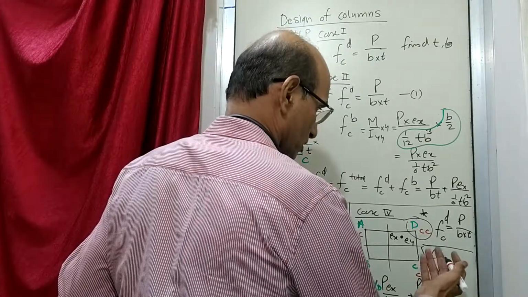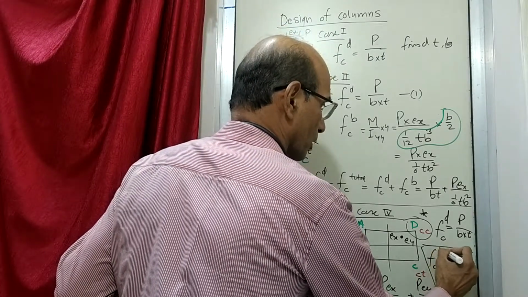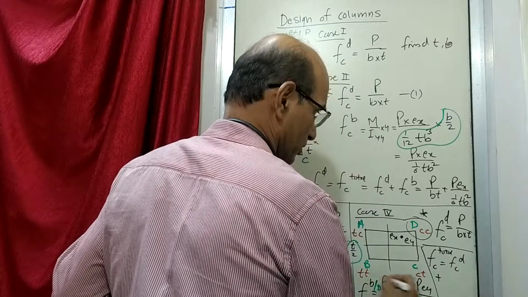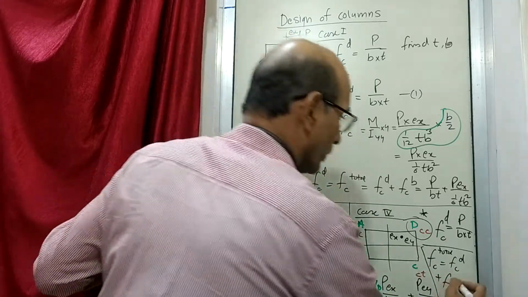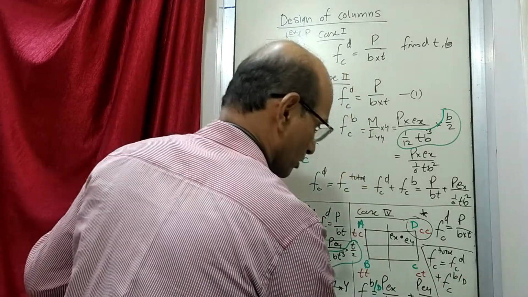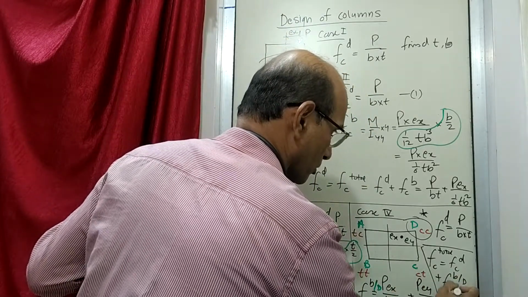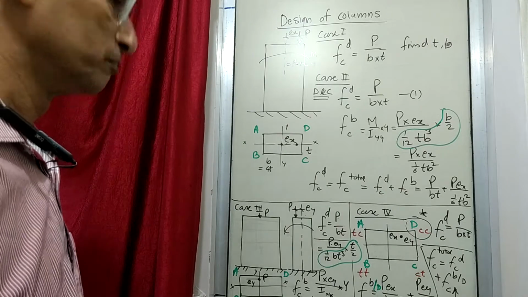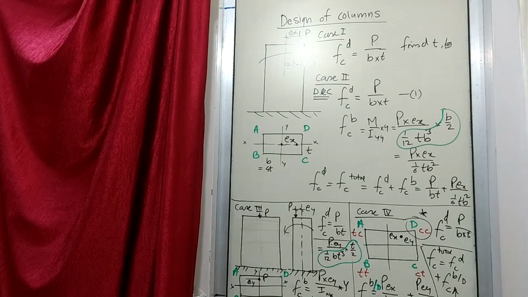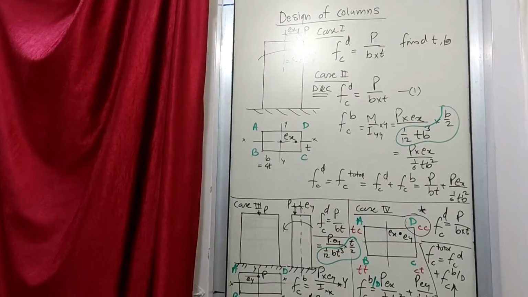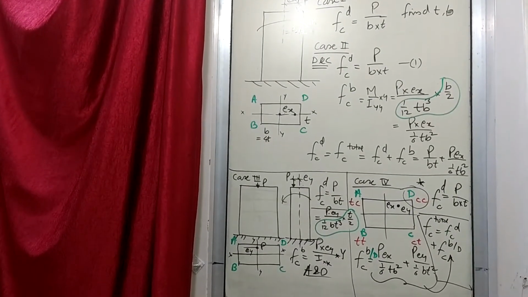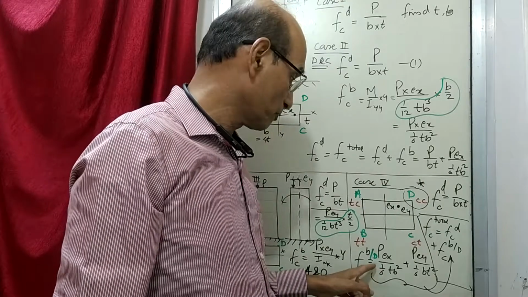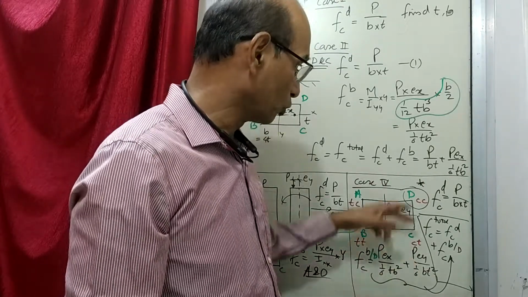So I'll write here: FC total is equal to FC direct, F bending because of Ex, F bending because of Ey, and total is direct plus bending.